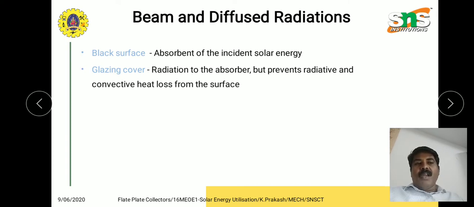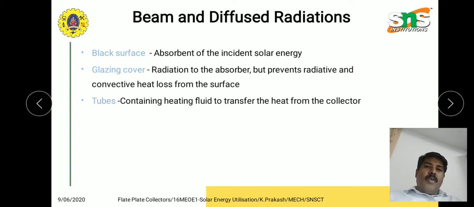And the convective heat losses. So the air is available in that vacuum space. So between the top layer glazing cover and the bottom layer glazing cover, a convective surface of vacuum space is available. So this prevents the heat loss from the surface.